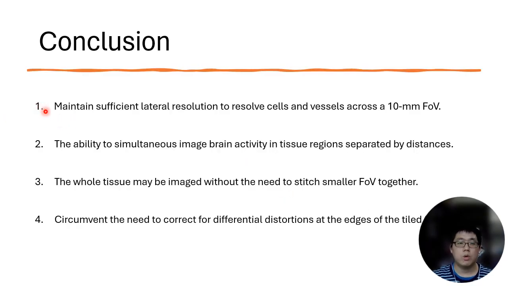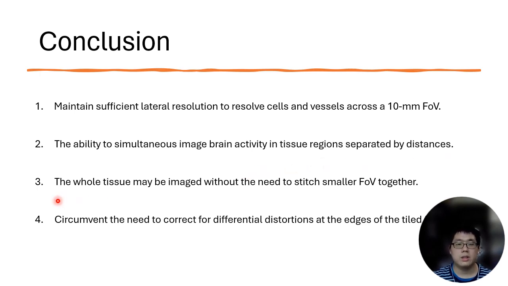First, the ultra-large field of view two-photon microscope maintains sufficient lateral resolution to resolve cells and vessels across a 10 millimeter field of view. Second, the primary strength is the ability to image brain activity in tissue regions separated by distance.